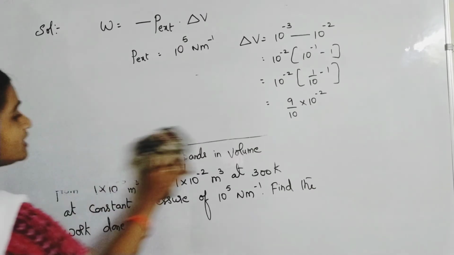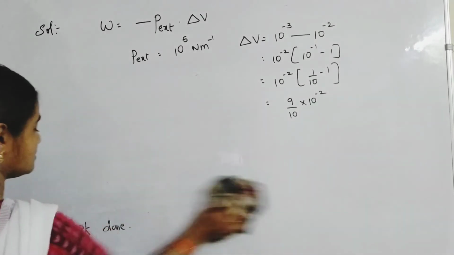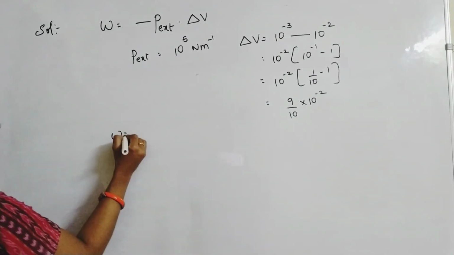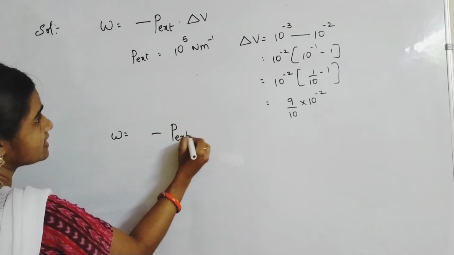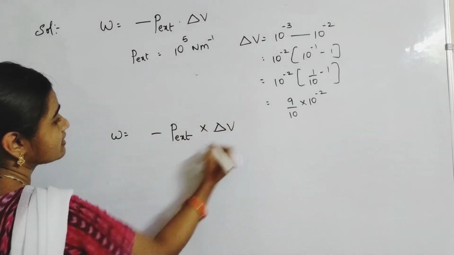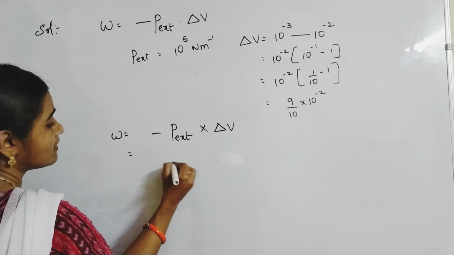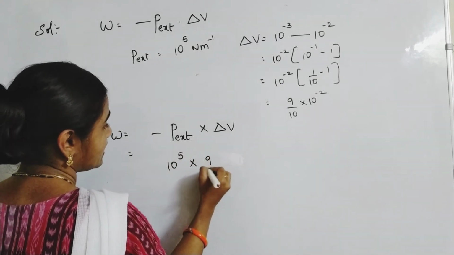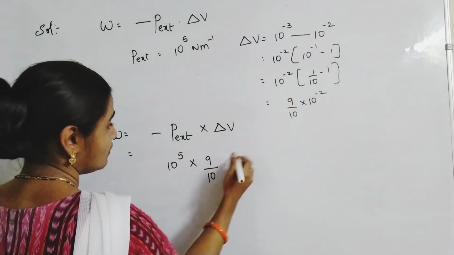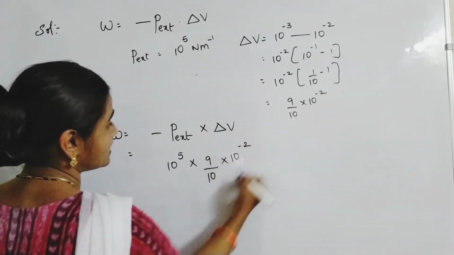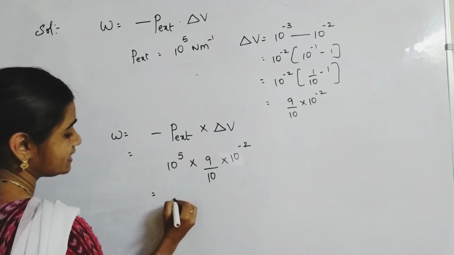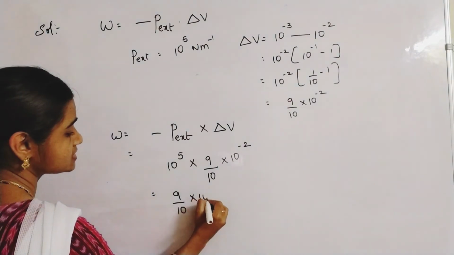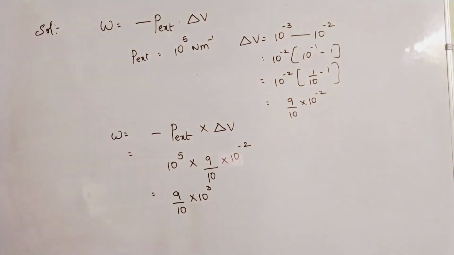Okay, so total work done value, how much? Let us multiply that. W is equal to minus P external into delta V. So P external is 10 power 5 into the delta V value we got, 9 by 10 into 10 power minus 2. 10 power 5 into 10 power minus 2 is 10 power 3, right?